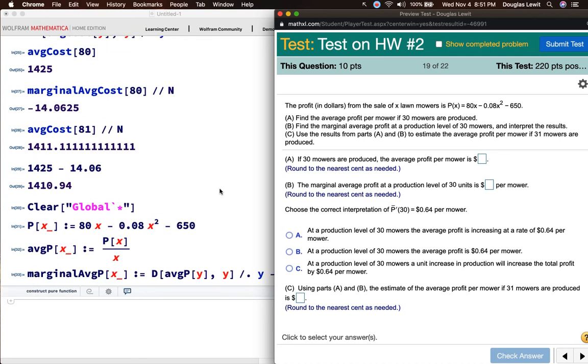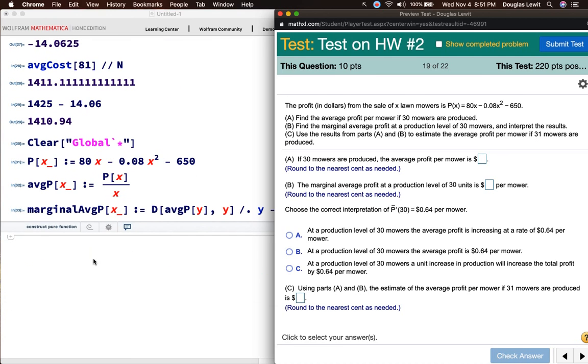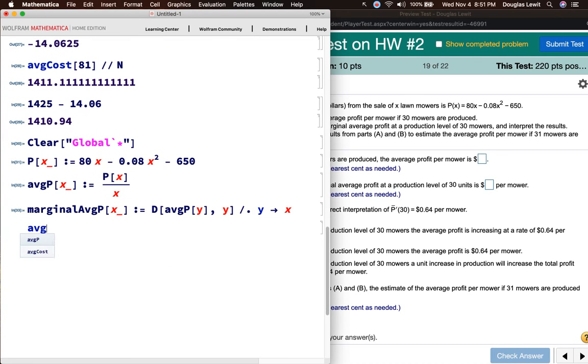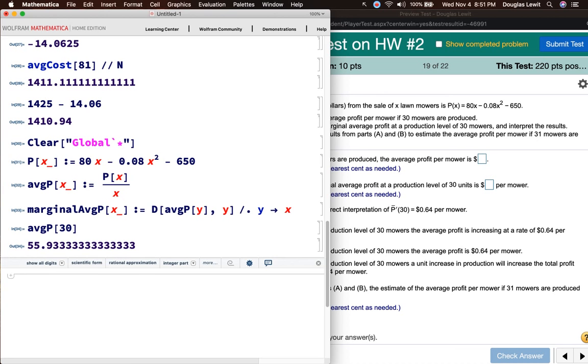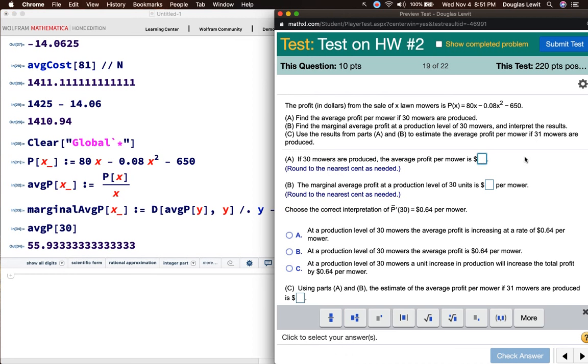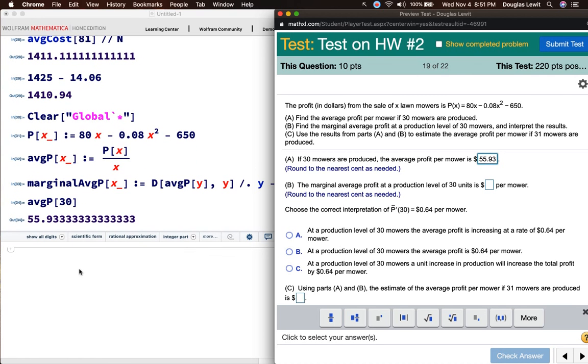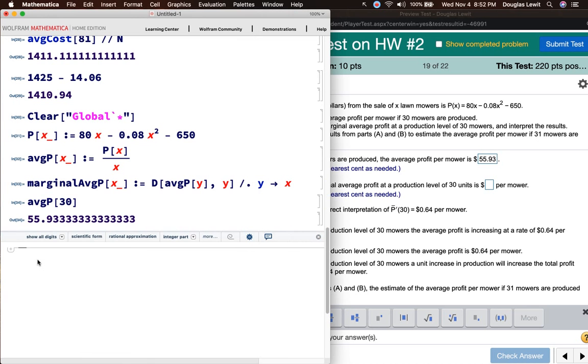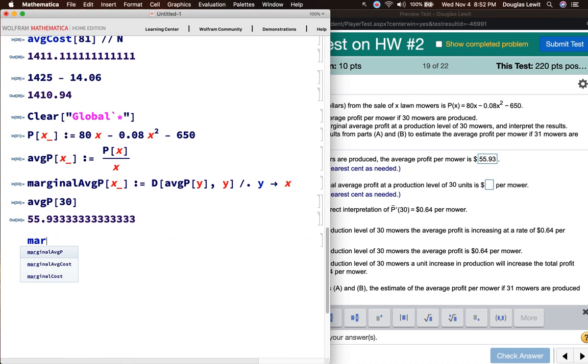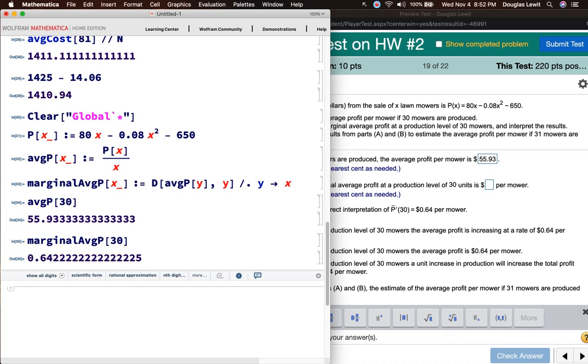If 30 mowers are produced, the average profit per mower is going to be $55.93. The marginal average profit at a production level of 30 units is marginal average profit of 30.